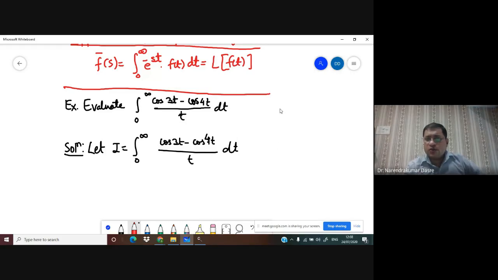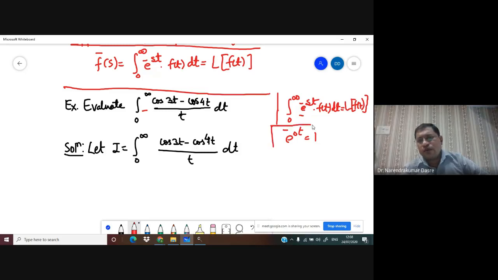So compare this integral to the definition: the integral from 0 to infinity of e raised to minus st f of t dt is equal to Laplace of f of t. Now when I compare, I don't have any exponential term here. But what I can have is e raised to minus 0 t, that is going to be 1.